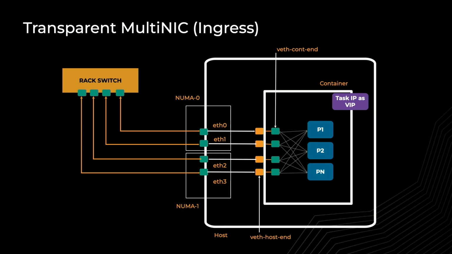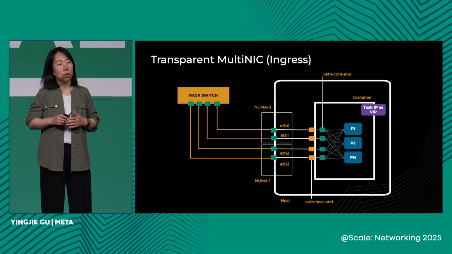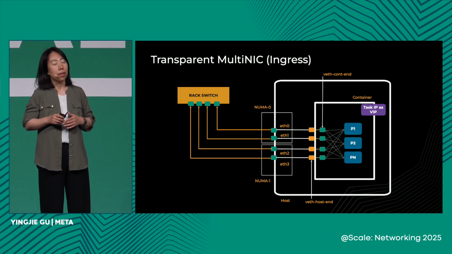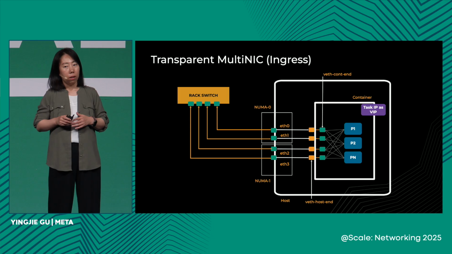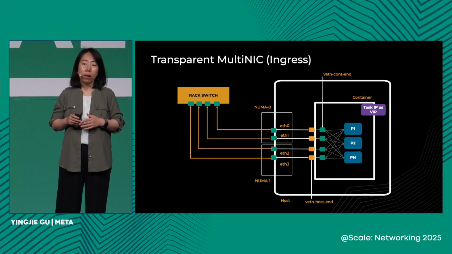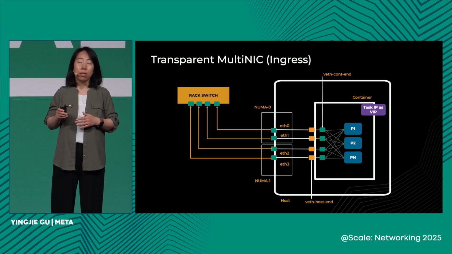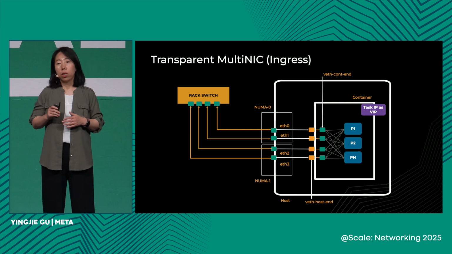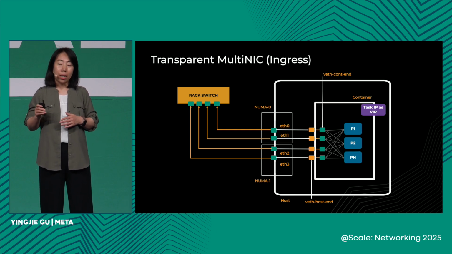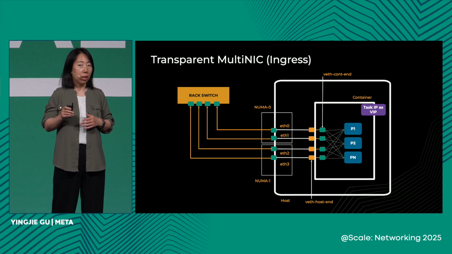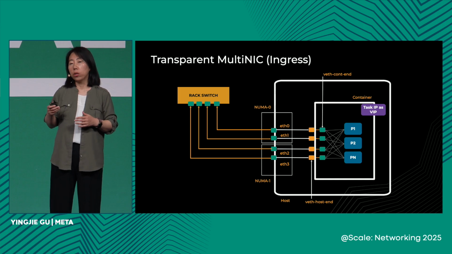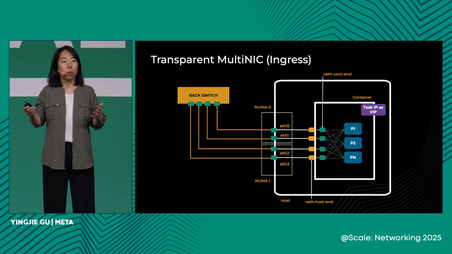Virtual IP is used for high availability and load balancing. On the container, every job has a dedicated task IP. This task IP is derived from the physical NIC subnet, but we regard it as a virtual IP, decoupled from the physical NIC. This allows us to associate this task IP with multiple next hops.